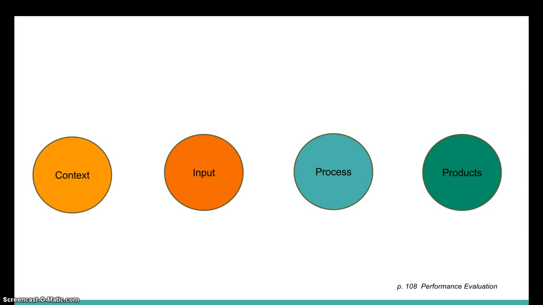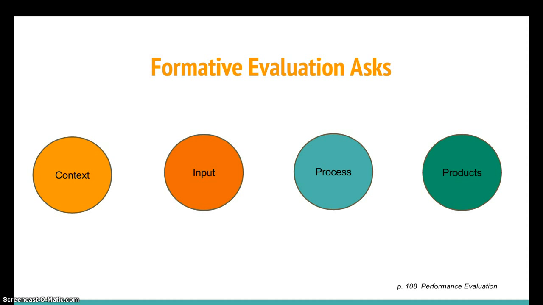Since the underlying purpose of the model is to provide clients with timely and valid information that allows them to identify areas of improvement, the CIPP model is viewed in two perspectives: formative and summative evaluation. For the purpose of formative evaluation, the CIPP model of evaluation asks, what should be done? How should it be done?